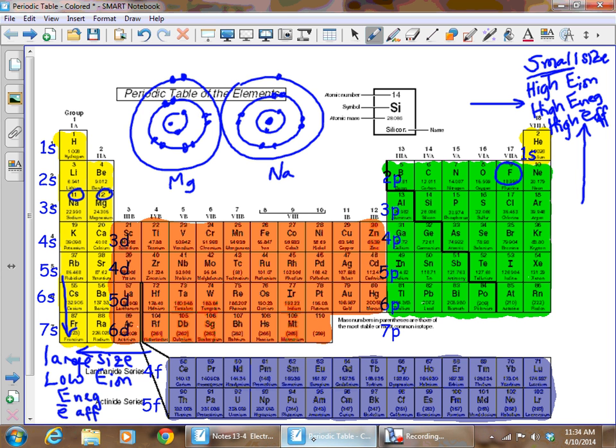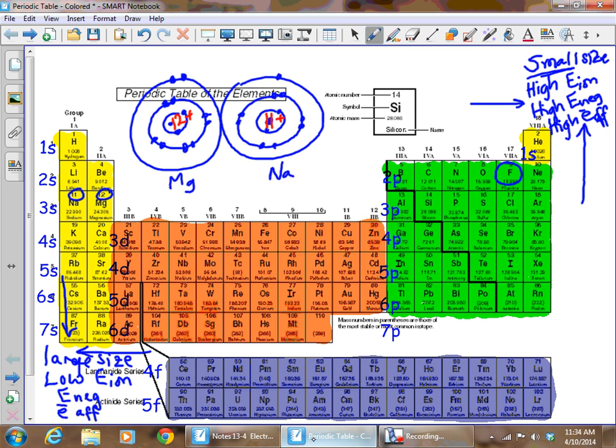The size of the atom is determined by how big that electron cloud is. And let's look at the nuclear charge. The nuclear charge is going to be 12 for magnesium. It's only 11 positive charges for nuclear charge for sodium. Keep in mind what Coulomb's law says about a greater charge.